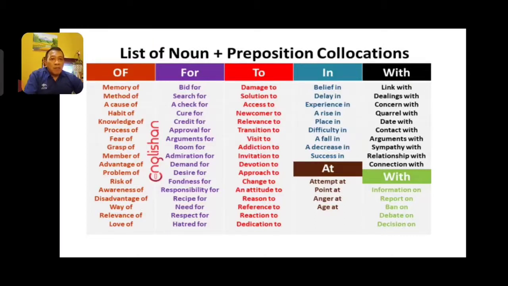And in the same way, we also have for, and for will follow certain nouns like bid for, search for, checks for, until hatred for. Those nouns should be followed by the preposition for. Okay, and then to.